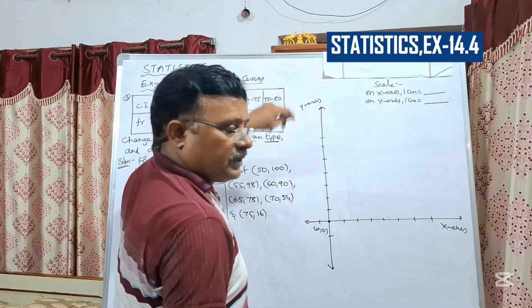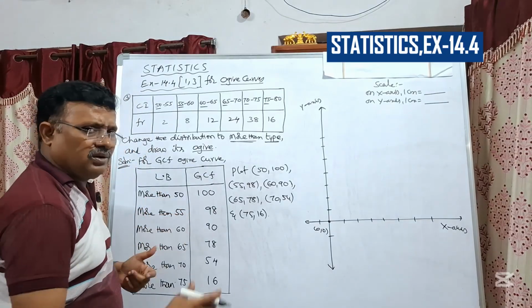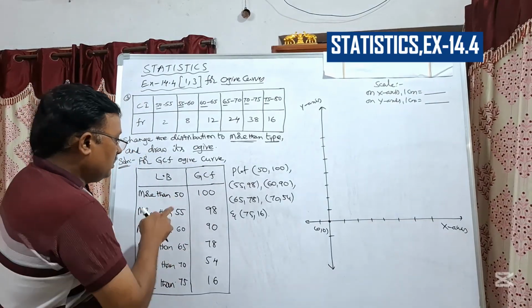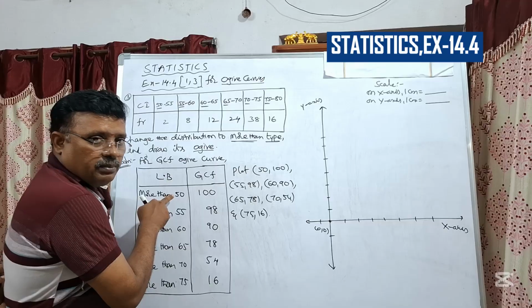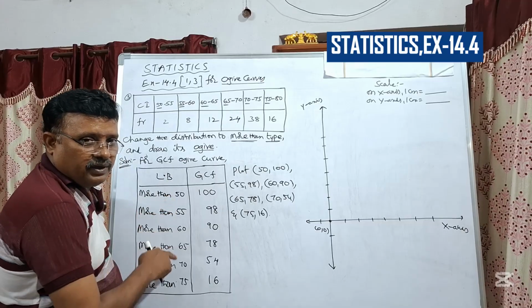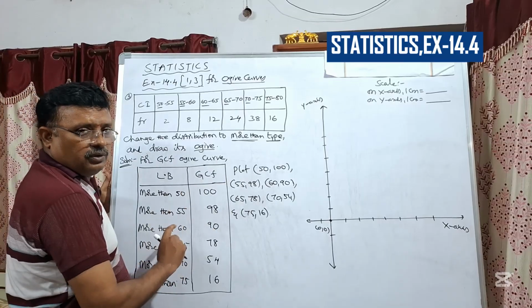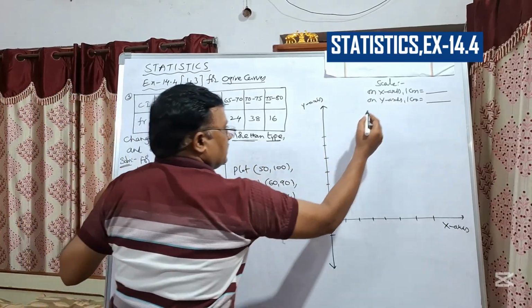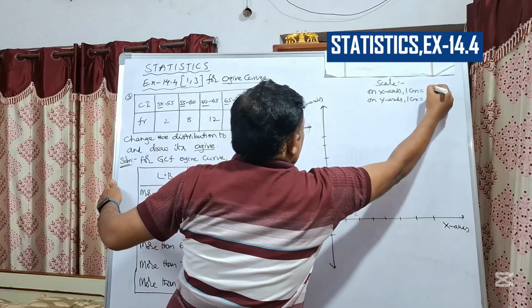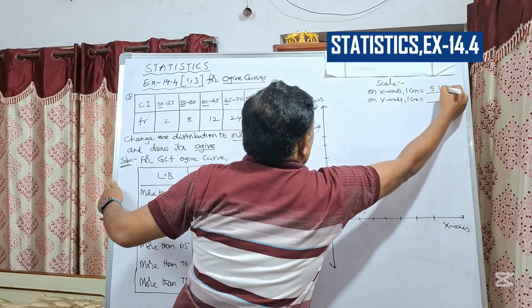Both we need to write. According to the table only you can guess. Now lower boundaries are increased by 5, starting with 50. So easily we can guess on the x-axis 1 centimeter equals 5 units.